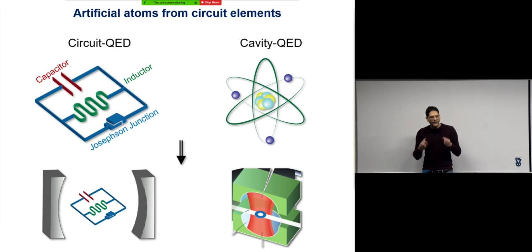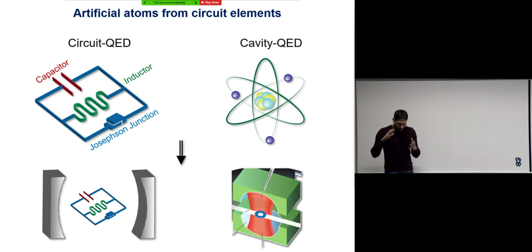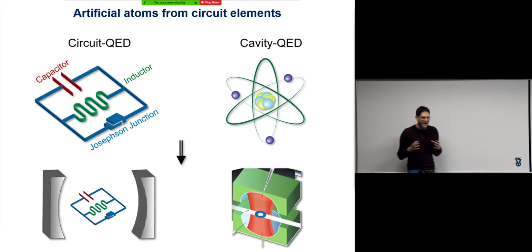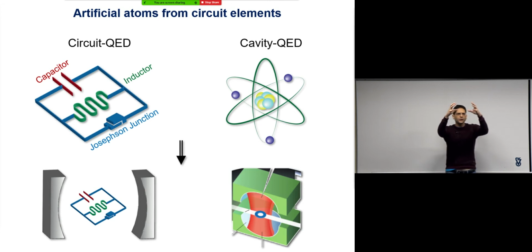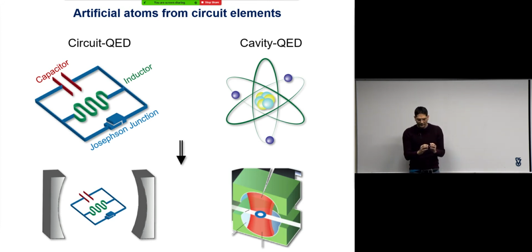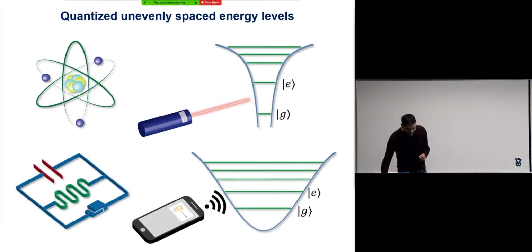And each circuit, which is about a millimeter size, maybe half a millimeter size and so on, basically acts like an atom. So there are quantized energy levels, and it acts like an atom. And what you want to do is you take the circuit, just like in cavity QED, where you take the atom and you put it in the cavity to interact with light. You take the circuit and you put it in the cavity to interact with light. Okay? This is the idea.